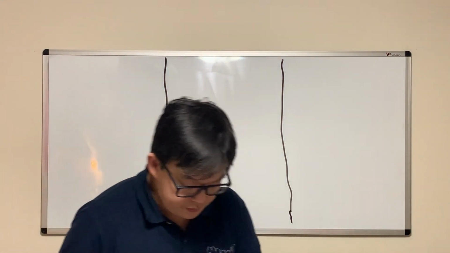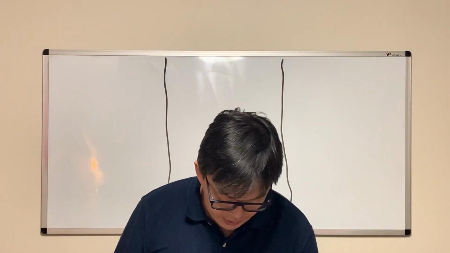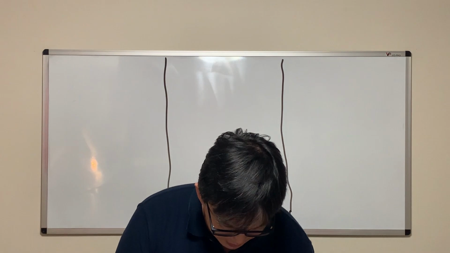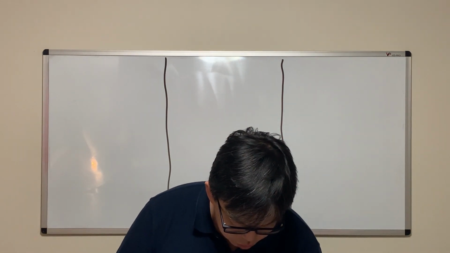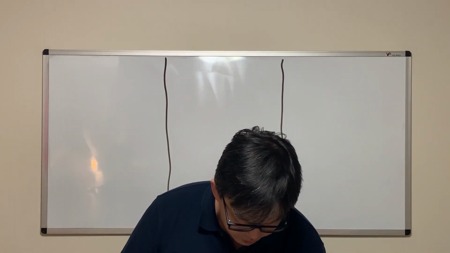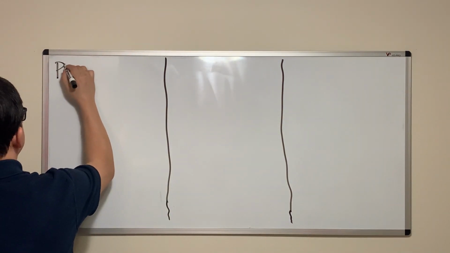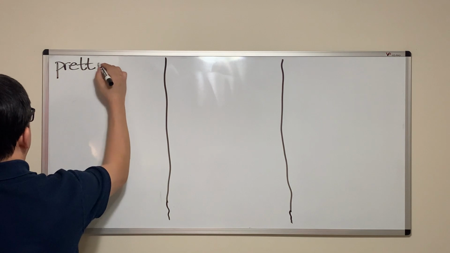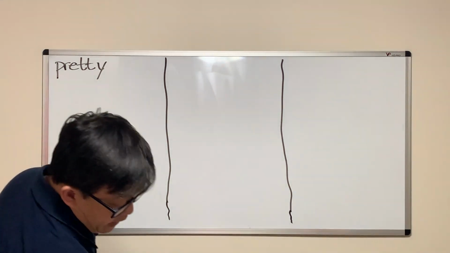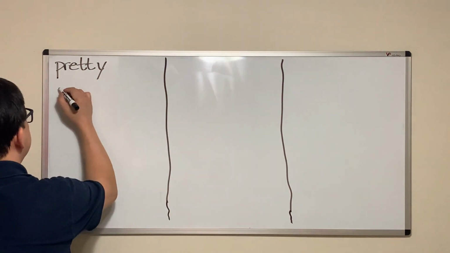Okay. So what are the words that we have here now? We stop at beautiful. We have pretty, crowded, comfortable, and nice. So we have pretty. Pretty. We have crowded.